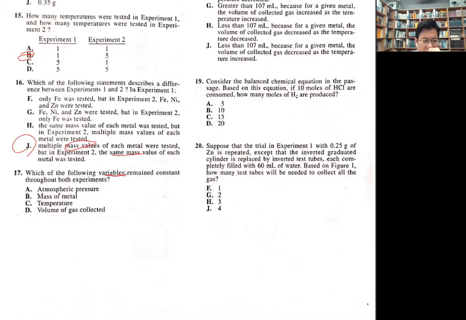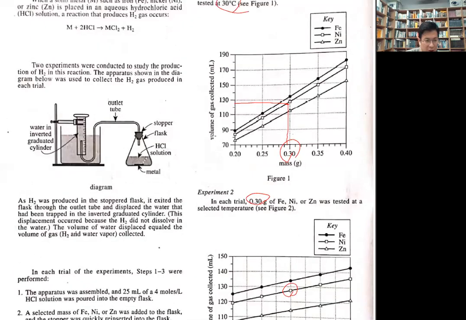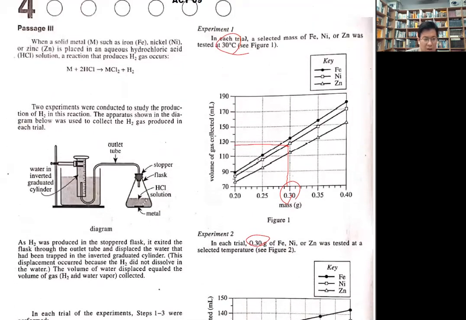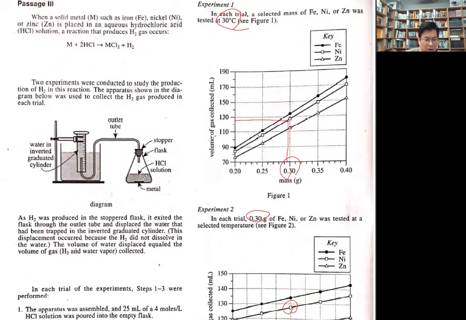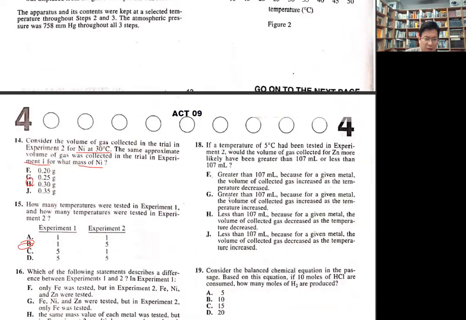Which of the following variables remain constant? Pressure, mass, temperature, volume. These three are variables that are changing, right? Variables mean changing depending on x value, how y value changes. But pressure is just the same, one thing, because it doesn't have any x or y value.